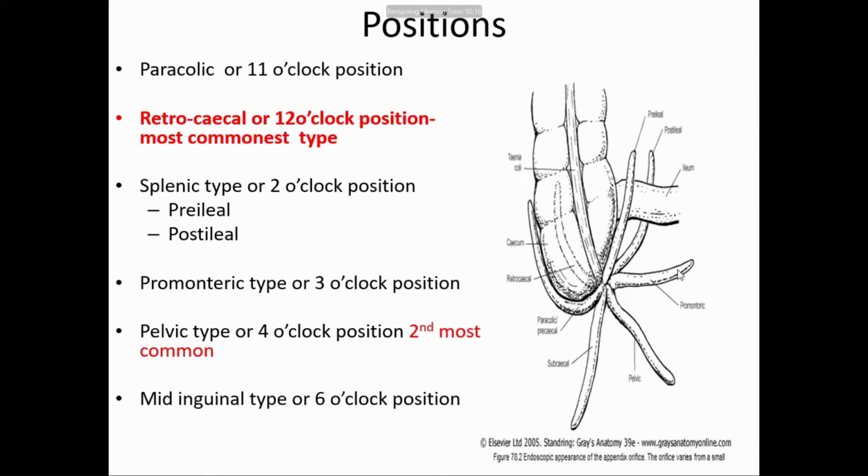When the tip is directed towards the sacral promontory, it is the promontory type. Directed towards the pelvic cavity is the pelvic type, the second most common, present in 30% of individuals. And the last one is the mid-inguinal type, directed towards the inguinal ligament or the 6 o'clock position.